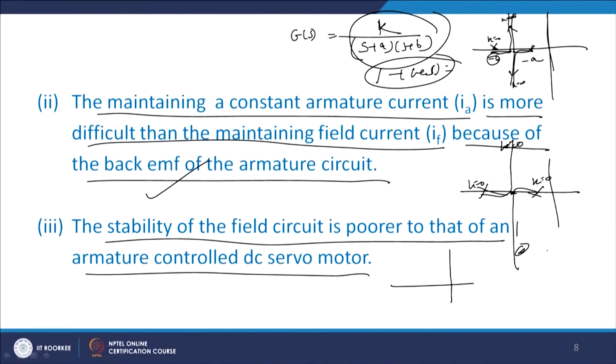That means, if I am taking a third order plant, let us say k over (s plus 1)(s plus 2)(s plus 3), I am showing the roots s equals minus 1, s equals minus 2 and s equals minus 3, these are 3 roots.